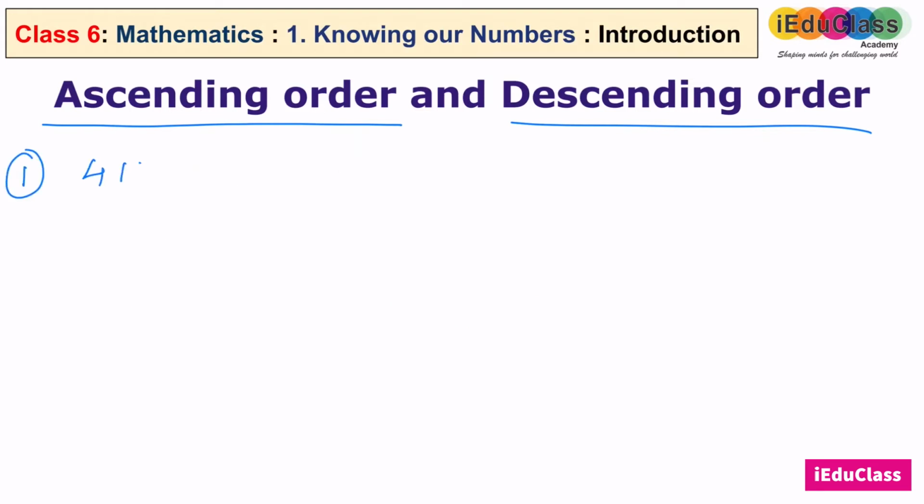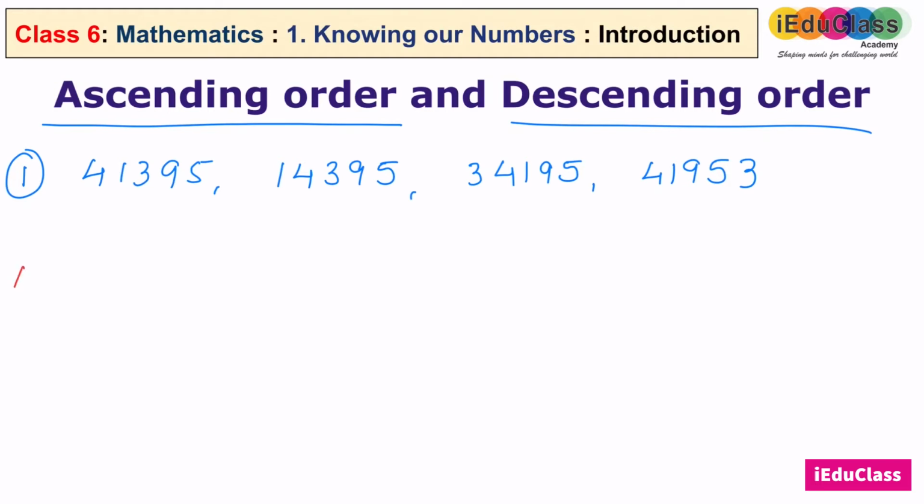I'm writing 5-digit numbers, four different numbers I'll take. Okay, I have written 4 numbers. Now first of all, ascending order, then descending order.